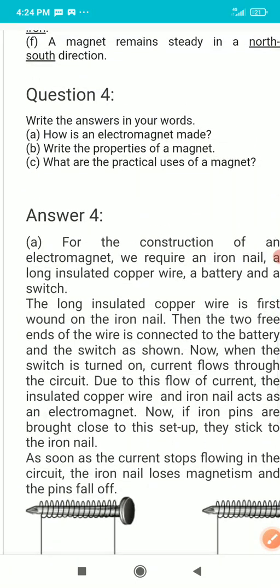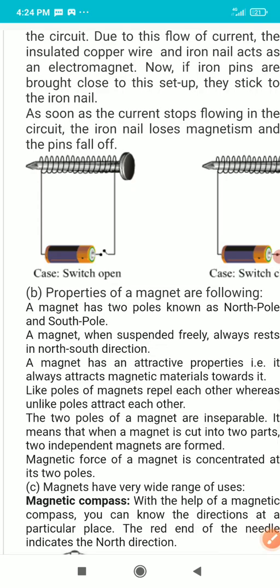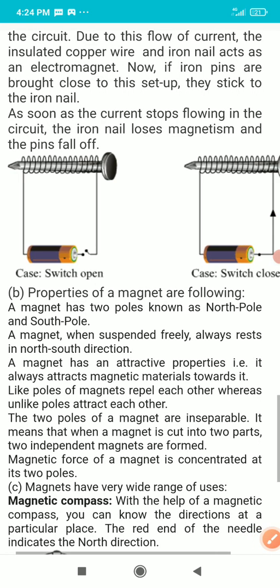B. Write the properties of a magnet. Answer: properties of a magnet are the following. A magnet has two poles known as north pole and south pole. A magnet when suspended freely always rests in the north-south direction. A magnet has attractive properties, i.e., it always attracts magnetic materials towards it.